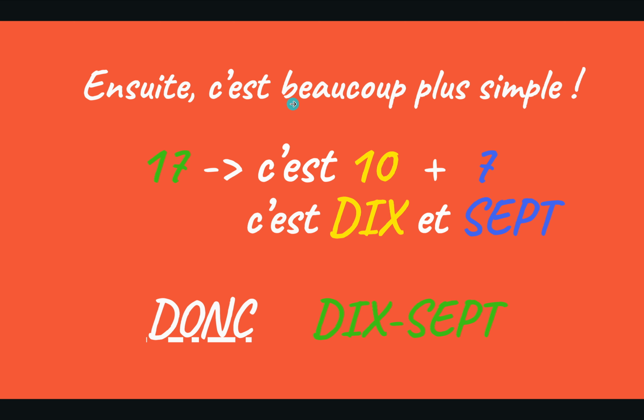For the next numbers, it's easier because you will just have to add the 10 and the digits. So you put this and you add the digit for having this set. So the pronunciation is this set. 17.